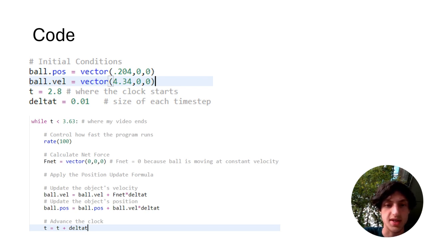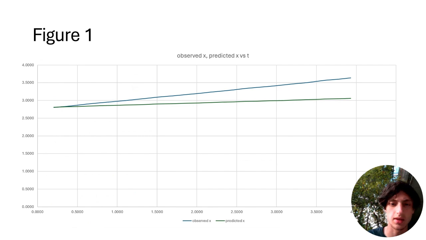My code says while t is less than where my video ends, I calculate the net force, which is always 0 because the cart is moving at constant velocity. It's modeled as a ball in GlowScript. Then I update the object's velocity with Fnet, update the object's position with velocity, and advance the clock t plus delta t.